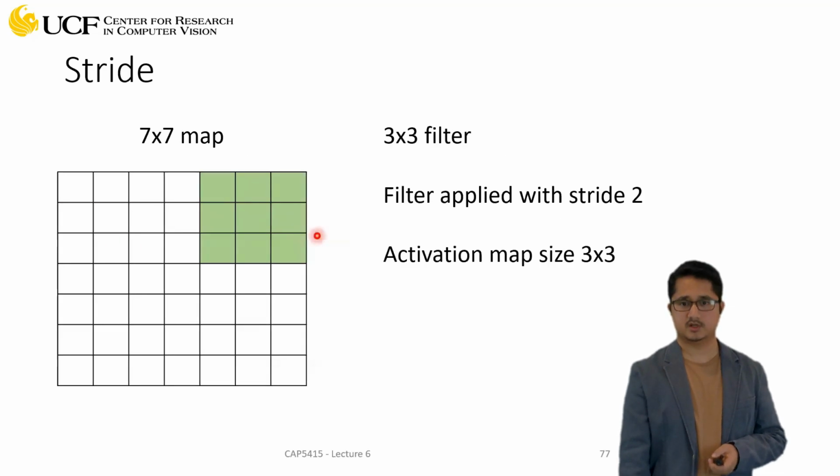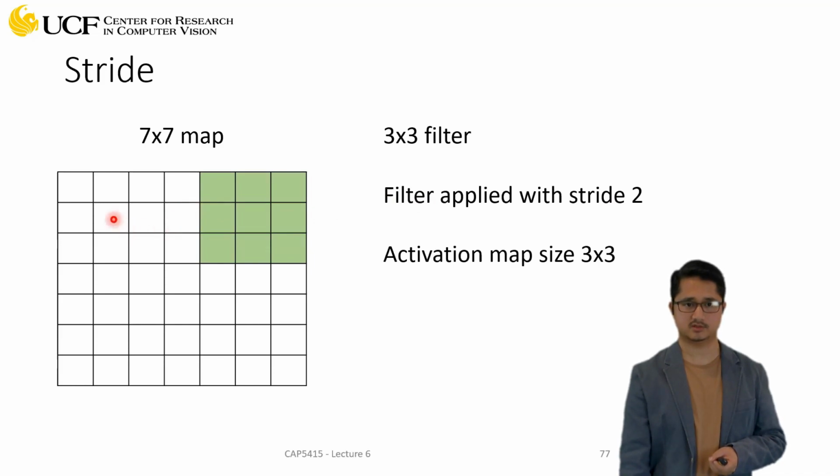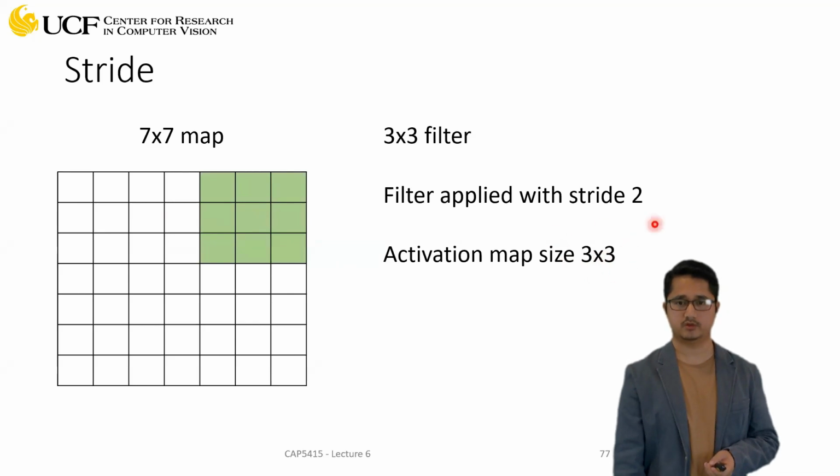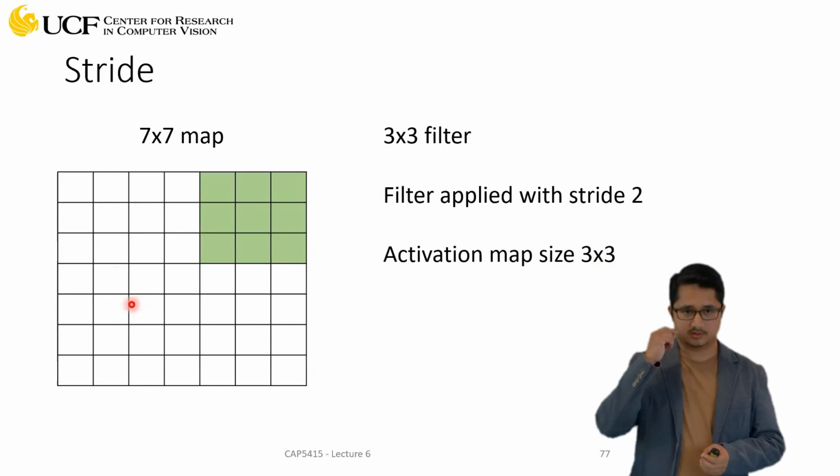So you can see that for an activation map of 7x7 and filter 3x3, if we use a stride of 2, we were only able to place at 3 different locations, which means the size of the activation map is only going to be 3x3. Similarly, in the y-axis as well, you will only be able to place it at 3 different locations.